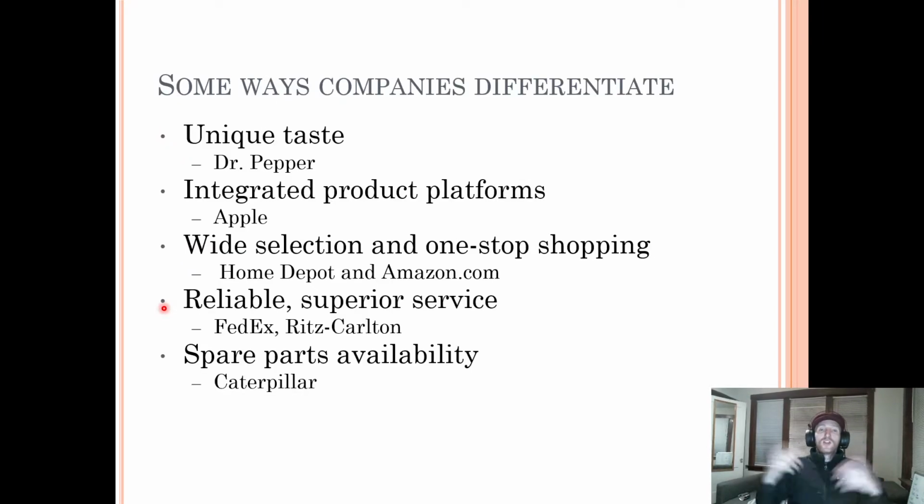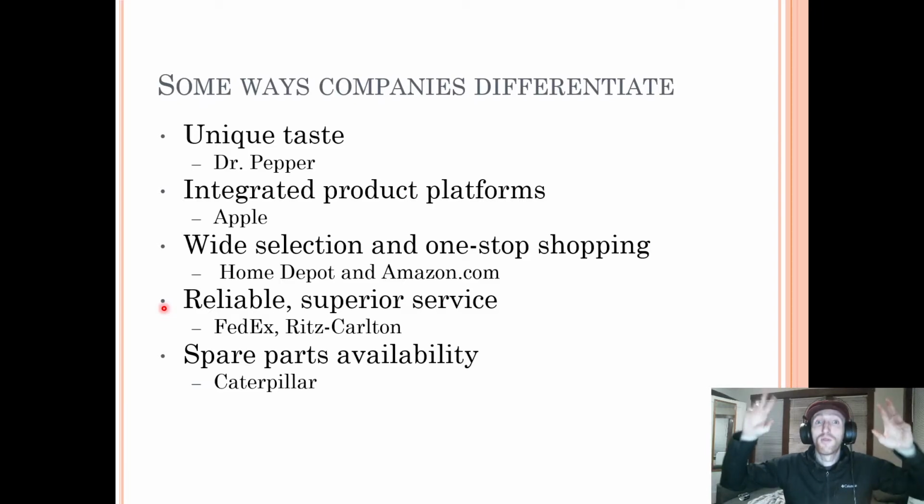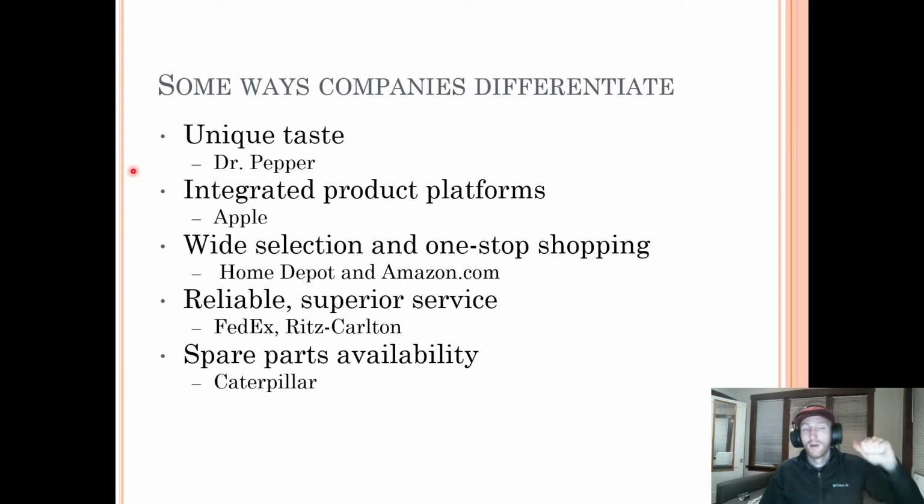All right? Some ways that companies differentiate or potentially add value to their product and make it so people are willing to pay more. The value proposition, to use some terms from week 1. All right? And I just listed some here, maybe a unique taste, integrated product platforms.